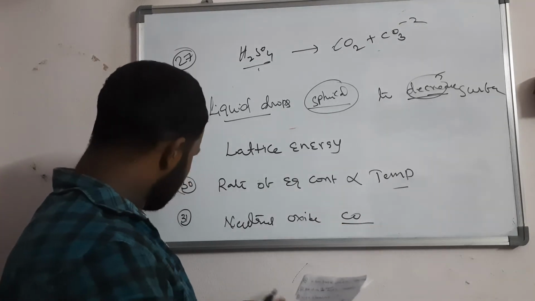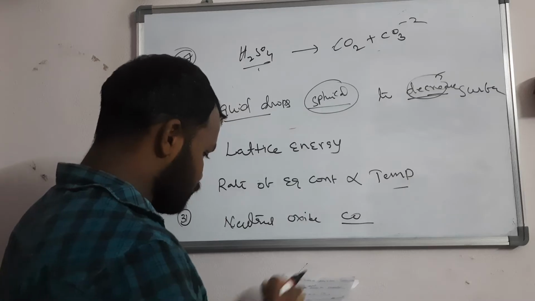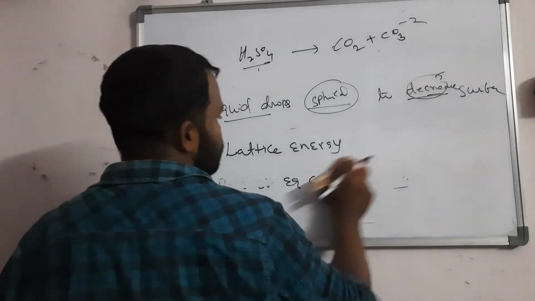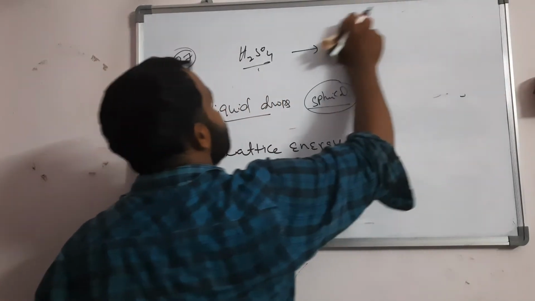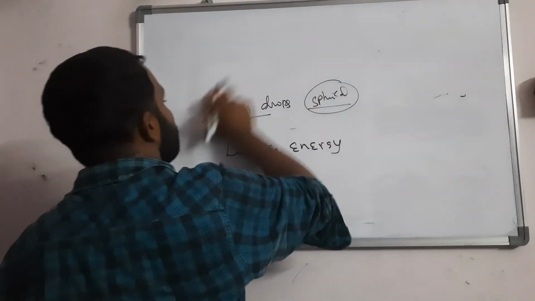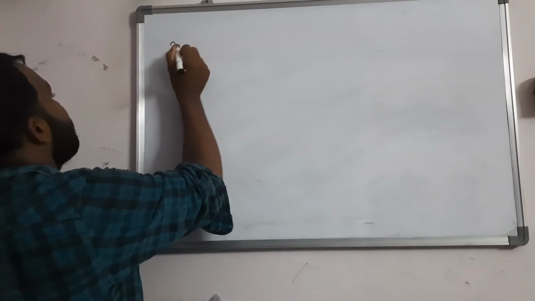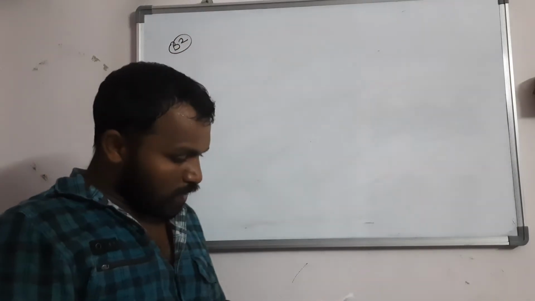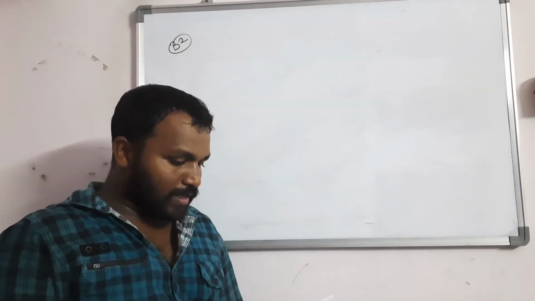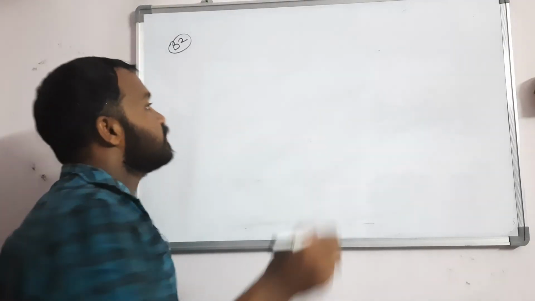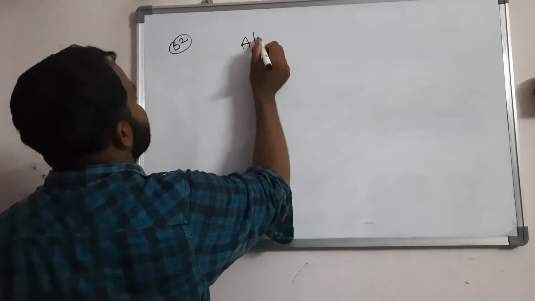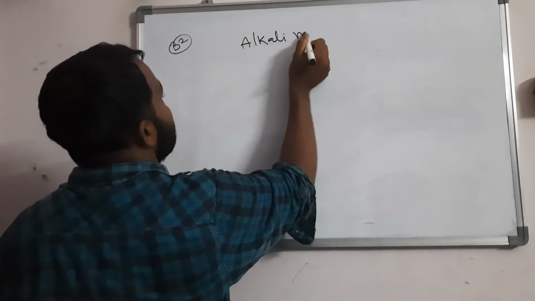Then next, question number 32: the best photoelectric effect is exhibited by which? Generally it is alkali metals.